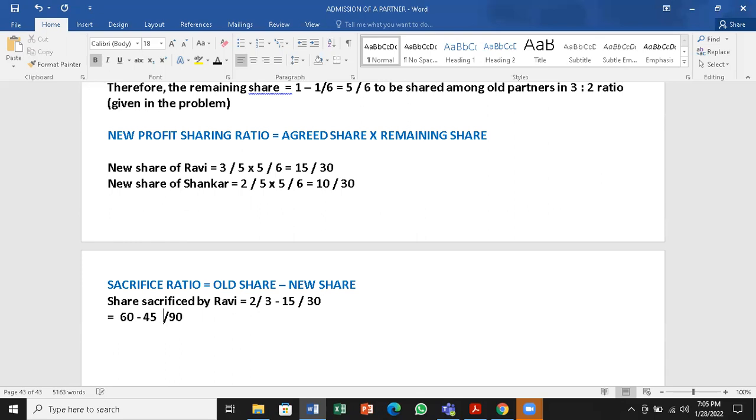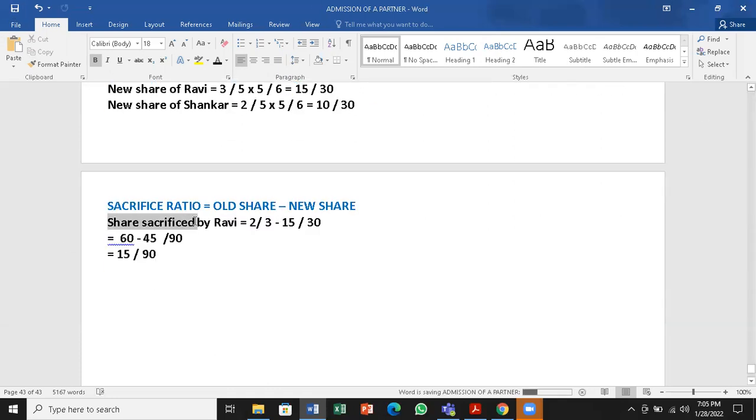So when you simplify this, you will get 60 minus 45, 15, 15/90. You can simplify later.